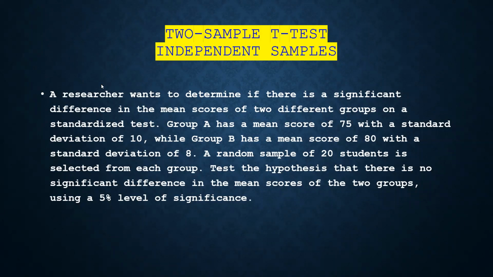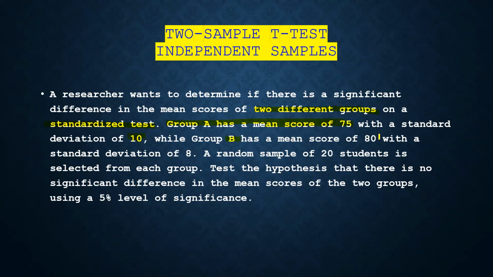We've got a researcher who wants to determine if there's a significant difference between the mean scores of two different groups. So we have two different groups, and they're independent. But the two groups are from a population of students who took a standardized test. So we've got two different groups from one population, and group A has a mean score of 75, standard deviation of 10.